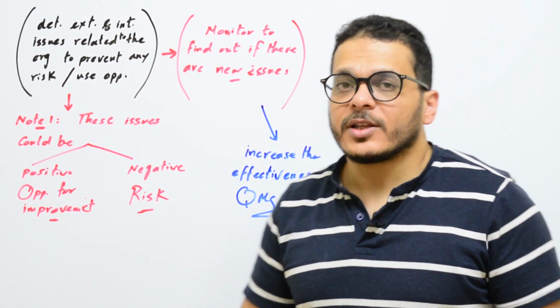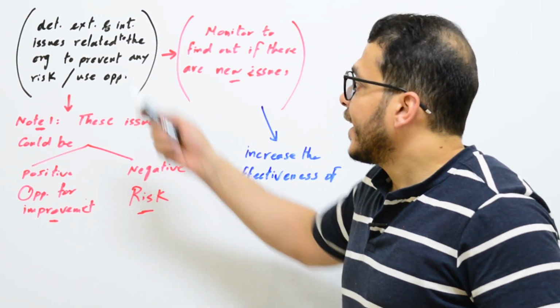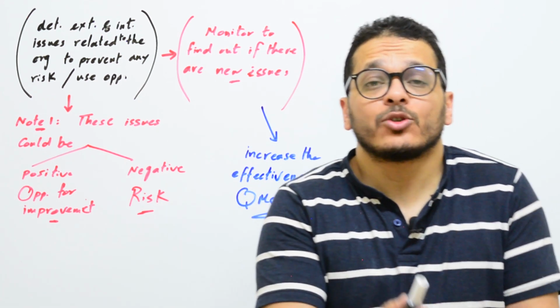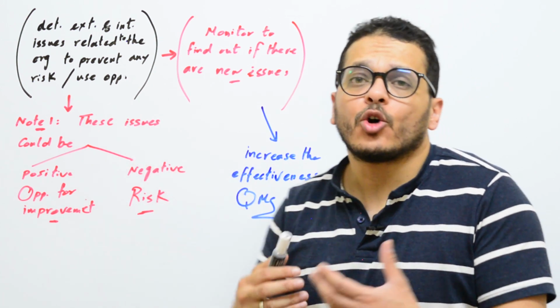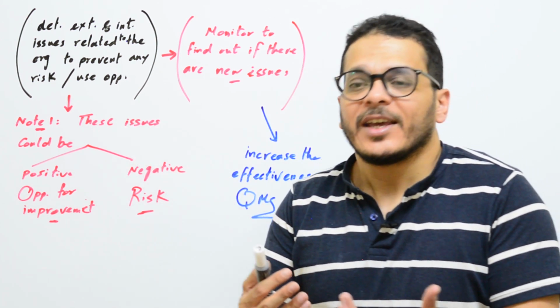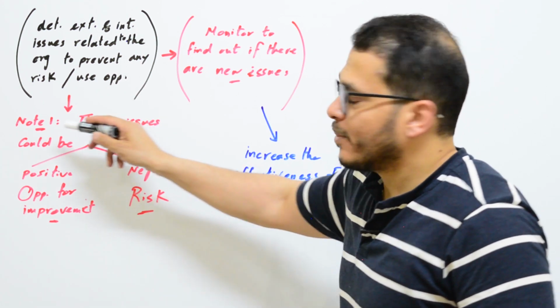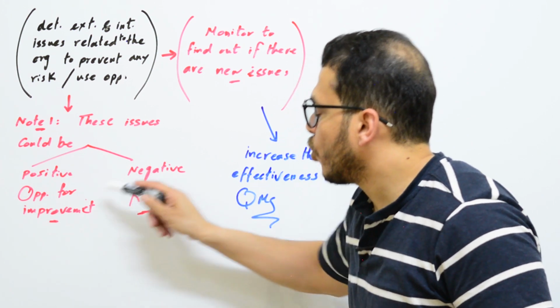And to simplify this, the organization shall determine external and internal issues related to the organization to prevent any risk that may affect the quality of their products or their output, and use any opportunity that may improve their product. And these issues, as mentioned in note 1, could be positive or negative.